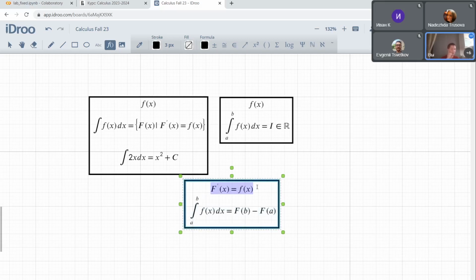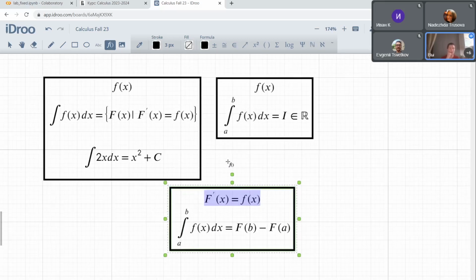as you know, it's easy to compute the derivative. Usually you can easily compute the derivative of a function, but sometimes it's just impossible to compute the indefinite integral of a function.